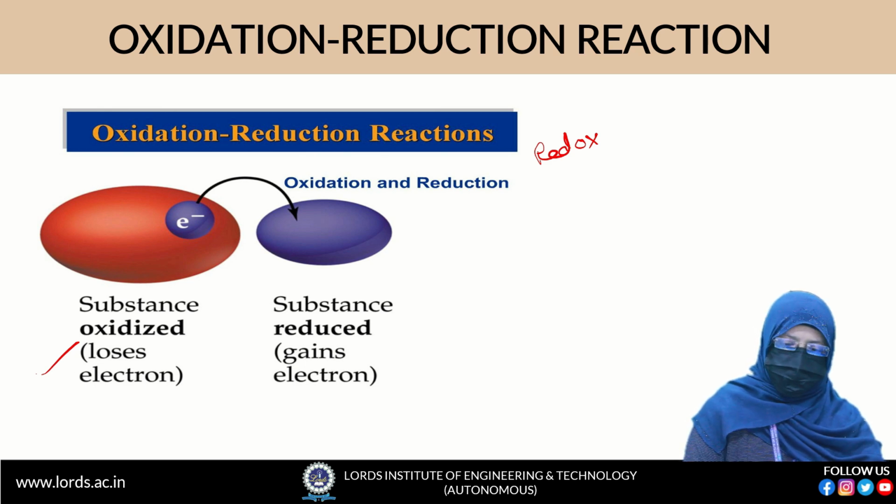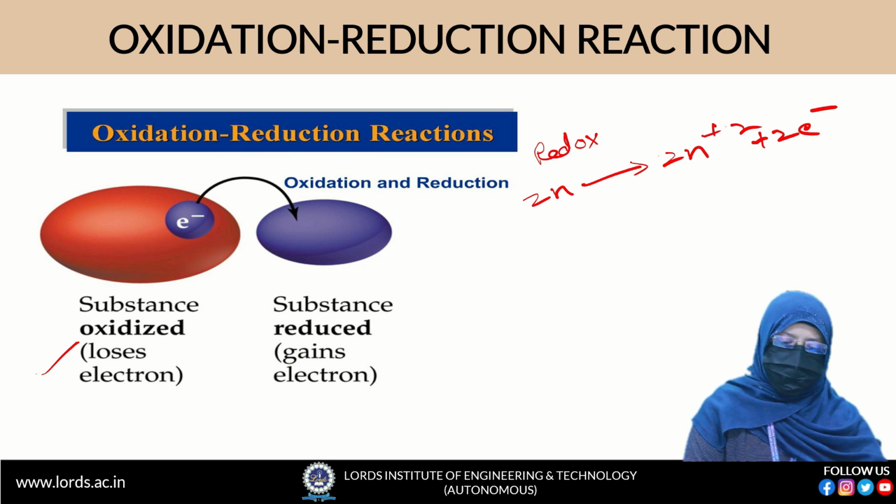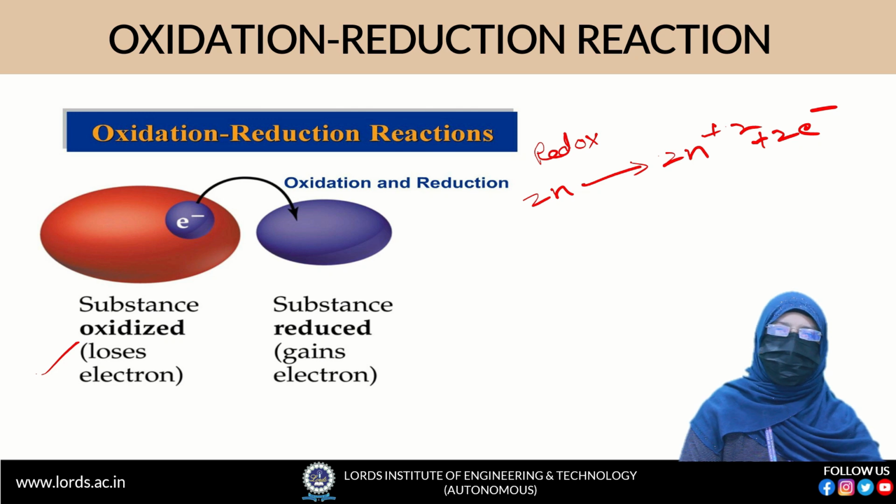Oxidation is the losing of electron. If you take any metal, if it loses the electron, that is called the oxidation process. There are different criteria also to define oxidation, like adding of oxygen and removal of hydrogen is also included in oxidation.